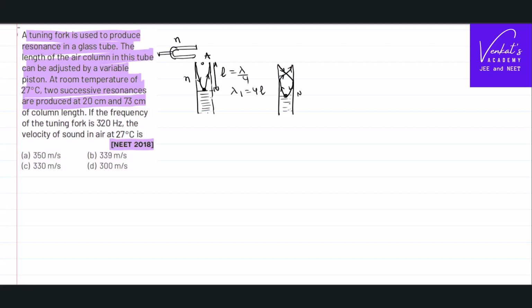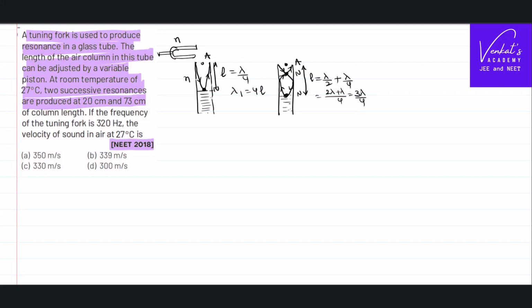Here is a formation of a node, another node, and here is a formation of an antinode. So the length of this closed pipe is, distance between node and node is lambda by 2, and distance between node and antinode is lambda by 4. That is, 4 is the LCM: 2 lambda plus lambda, 3 lambda by 4. So that's the wavelength.